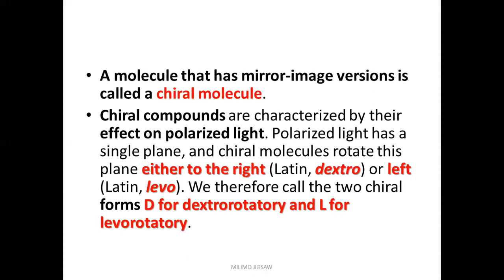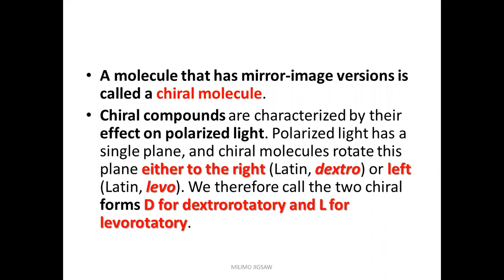So the two chiral forms that we have are D for dextro rotatory and L for levo rotatory. We'll find that we have optical isomers such as D-glucose and also L-glucose, since they affect polarized light.